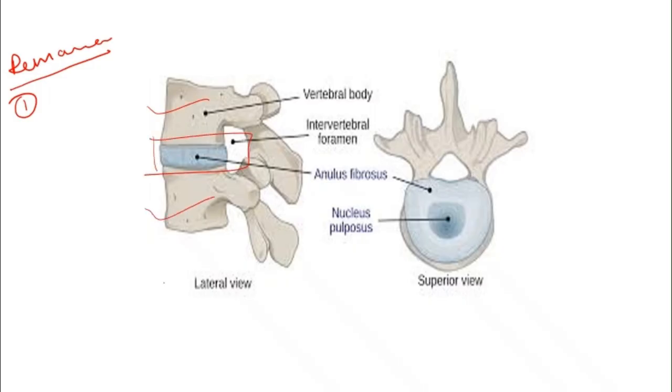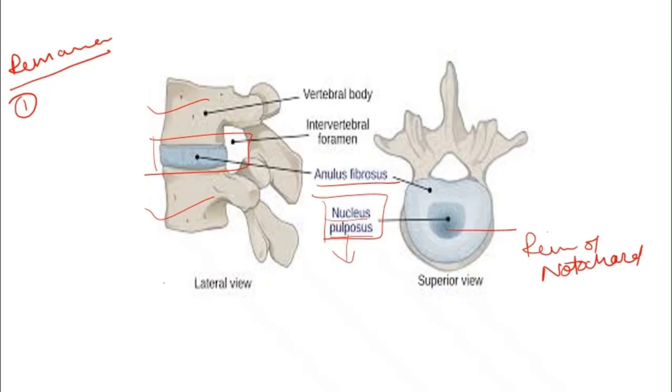And if we look at the superior view, we can see the annulus fibrosus here and the nucleus pulposus in the center. This jelly-like structure helps in bearing pressure as well as acts as a shock absorber. So this is the remnant of the notochord.